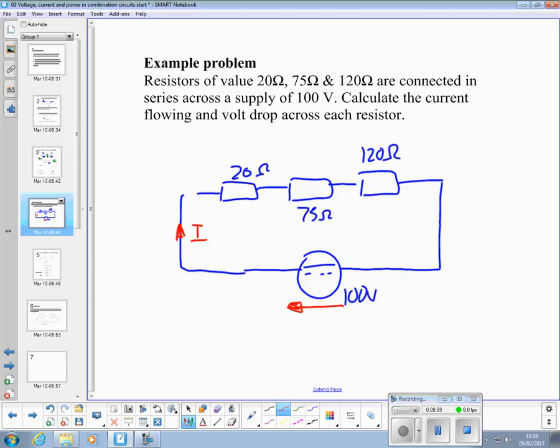And we know that we'll get volt drops here, V1, V2, and V3, and all my arrows point against the flow of current. Calculate the current flowing and the volt drop across each resistor. So how are we going to start that problem?